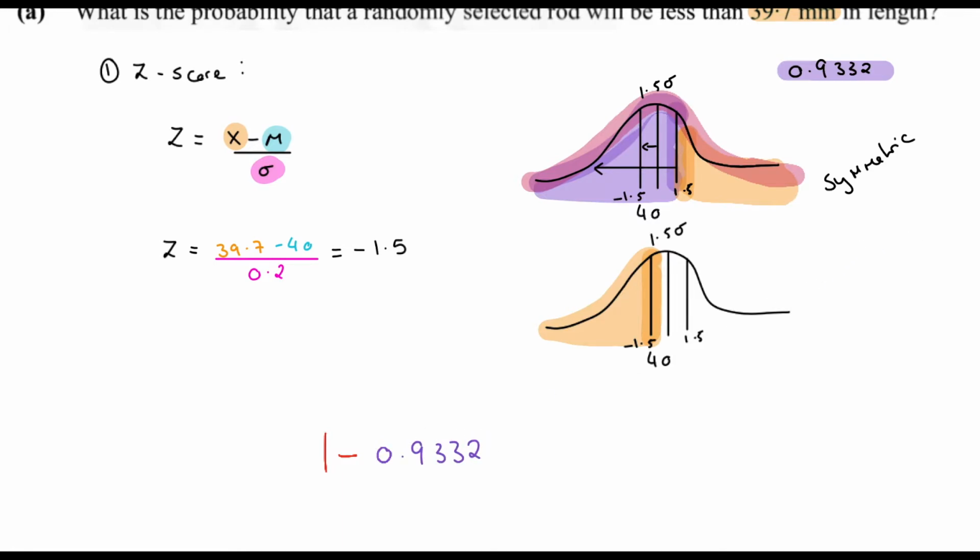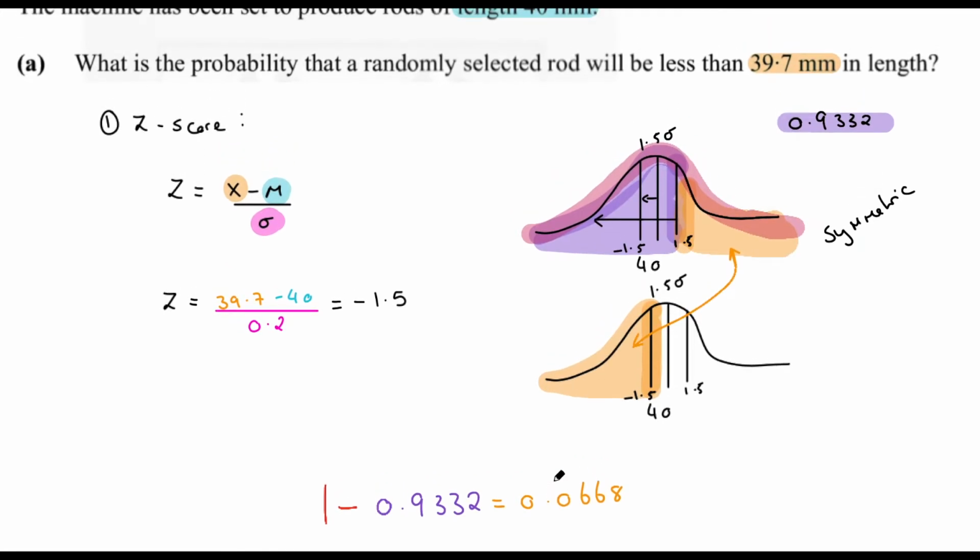And that then gives us the leftover piece, which is the yellow, which in our calculators works out to be 0.0668. So 0.0668 is the yellow region, which is the same as saying 1.5 and above, or minus 1.5 and below. So take a look at that. Make sure you understand the symmetry and that you know why we had to use the positive.